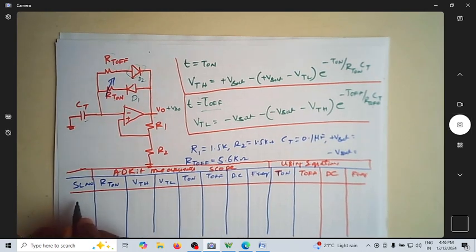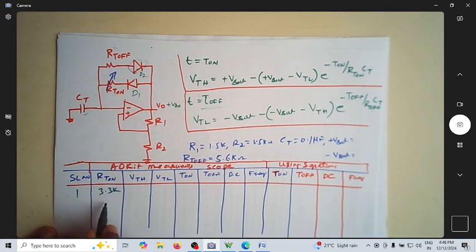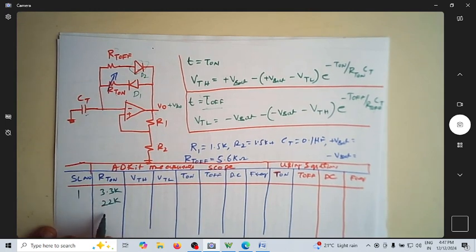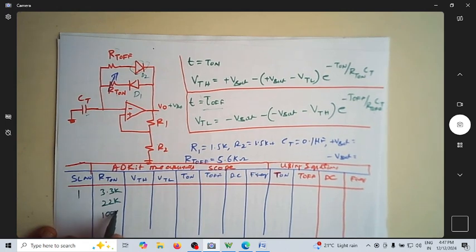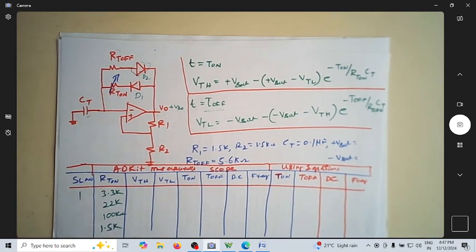Let me take the first value as maybe 3.3 kilo ohm. Let me make it 22 kilo ohm. Let me make it maybe 100 kilo ohm. Let me take it as 1.5k. Let me just take these values.